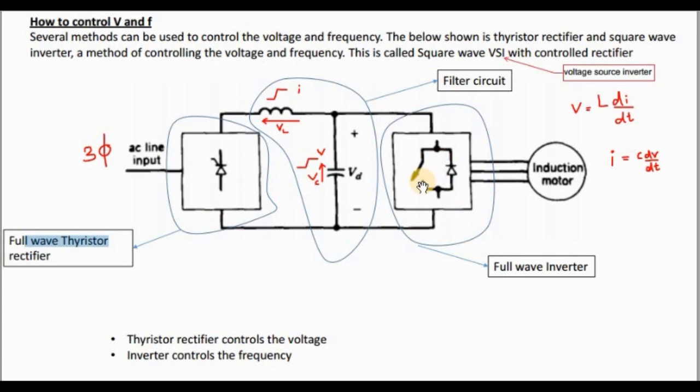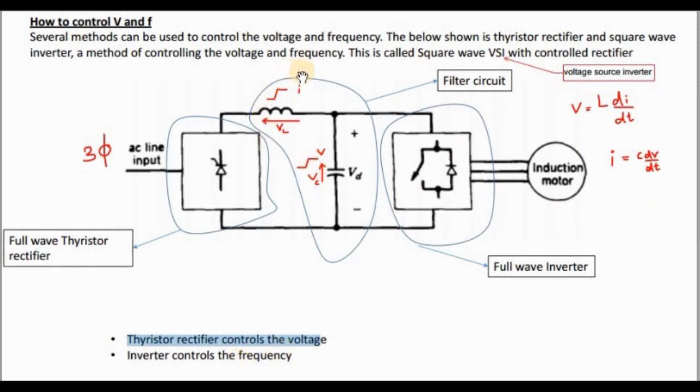You switch the IGBTs, or thyristors, and you can change the frequency of the square wave output. The thyristor rectifier controls the voltage, and the inverter controls the frequency.